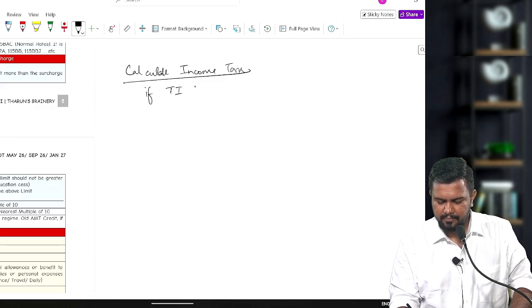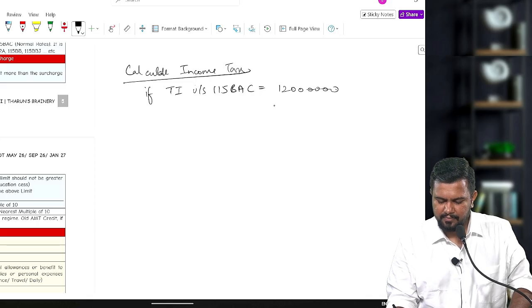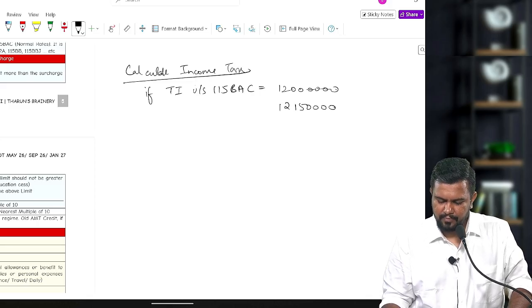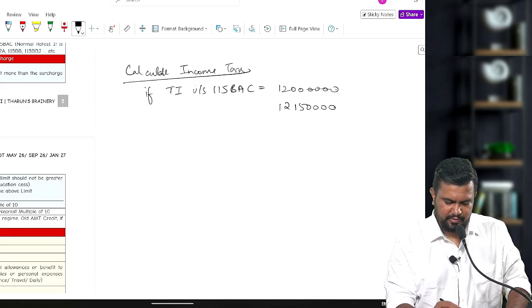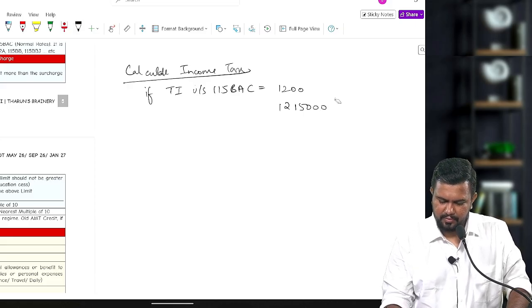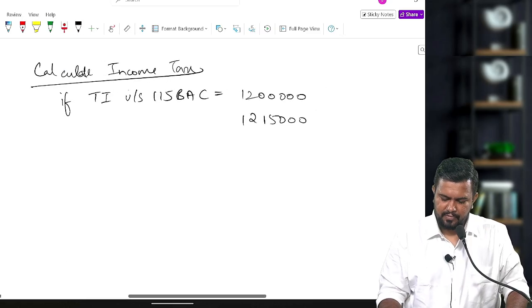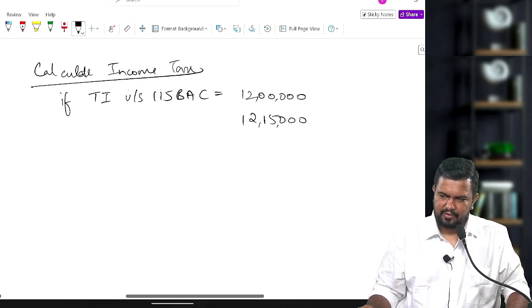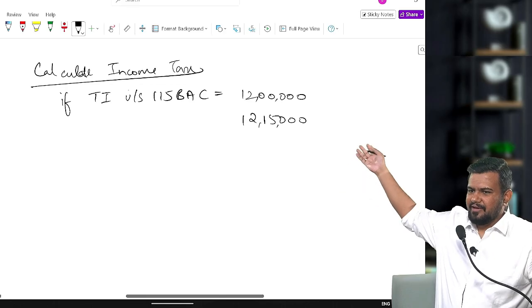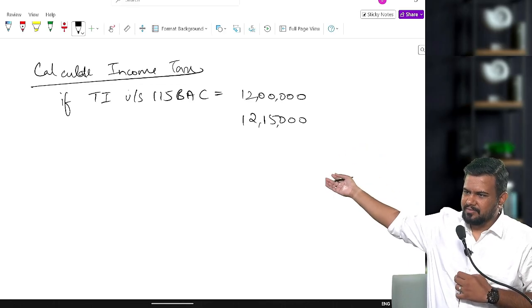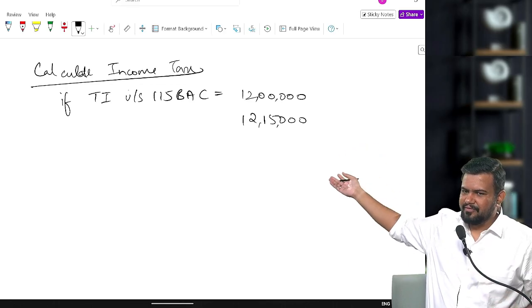Total income under section 115 BAC is 12 lakhs, and total income is 12 lakh 15,000. 12 lakhs and 12 lakh 15,000. This in 1 second itself you can tell the answer just by looking at the question.